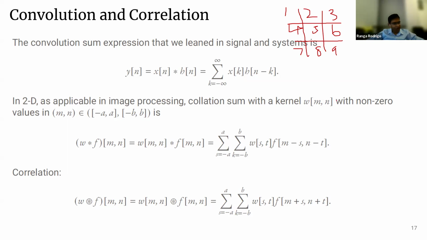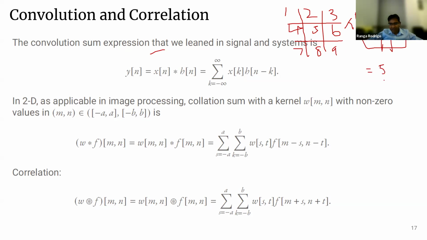That means we will add all these numbers and we divide by 9. So we will have 5 as the output. If you run the averaging operation with this, that means convolve with the 3 by 3 kernel with 1/9s, you will get the answer as 5.